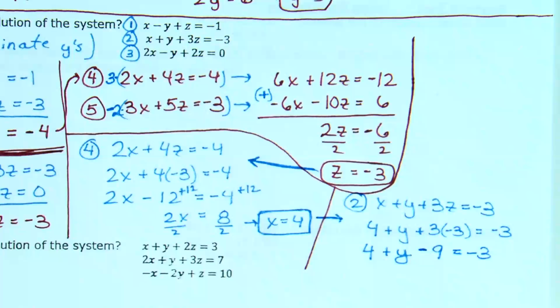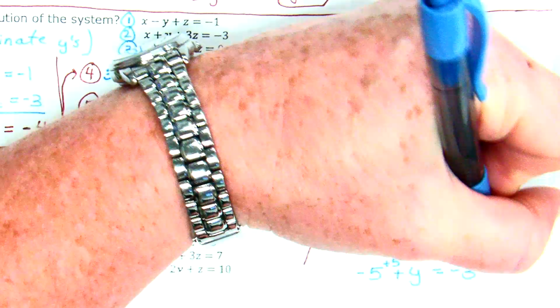Clean up the left side. What do we know? 4 and minus 9 is negative 5. So it's negative 5 plus y equals negative 3. If it's negative 5, I'm going to add 5. And negative 3 plus 5 is 2.